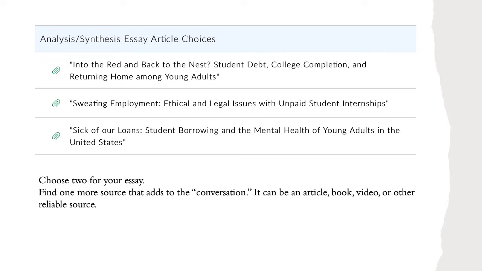It can be another article, it could be a book, could be a video, could be a TED Talk, but anything that actually enters into the conversation or gives more information about the focus that you are choosing to work with these sources. I'll explain that a little bit better in a following slide.